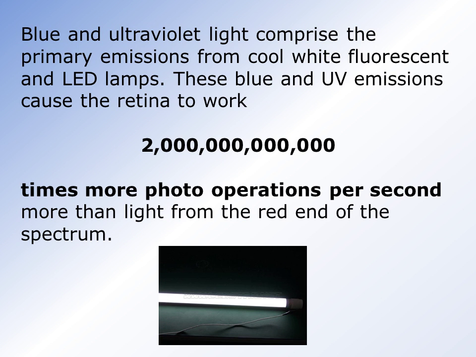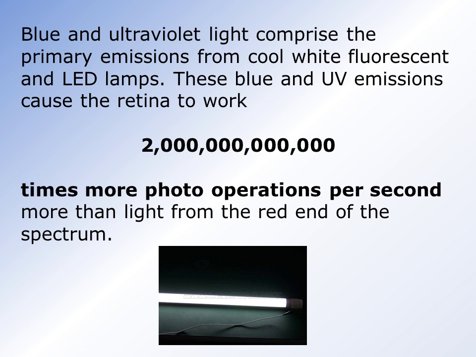Blue and ultraviolet light comprise the primary emissions that come from cool white fluorescent and LED lamps. These blue and UV emissions, UV stands for ultraviolet, cause the retina to work, as we've said before, 2 trillion times harder. That's 12 zeros, people.